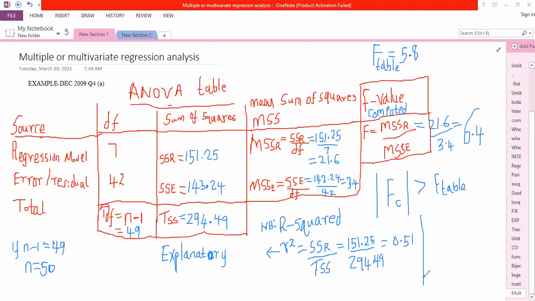The product moment coefficient of correlation is small r. So if we want to find the small r, we are going to take it as the square root of the R squared.